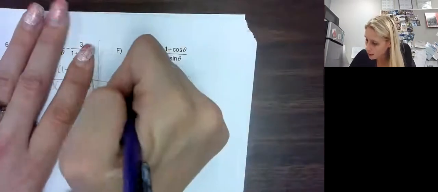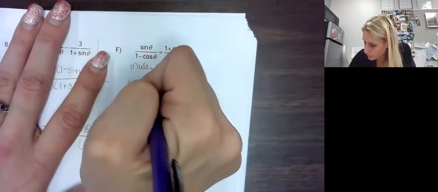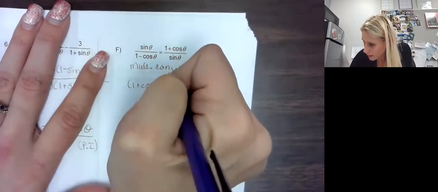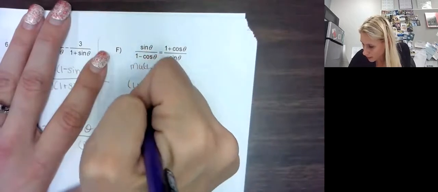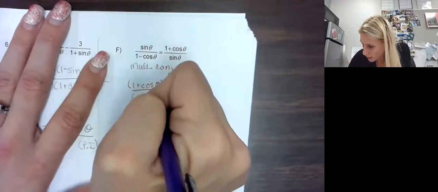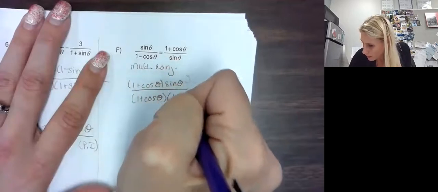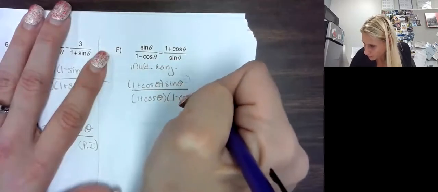Okay, I'm making myself a note so that way I know what's going on. Okay, so the conjugate would be 1 plus cosine theta times sine theta all over 1 plus cosine theta times 1 minus cosine theta. Okay.